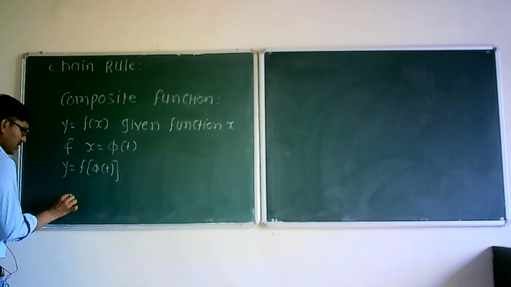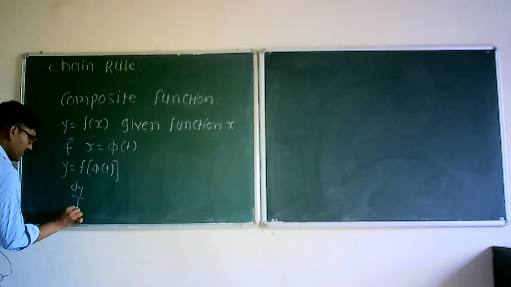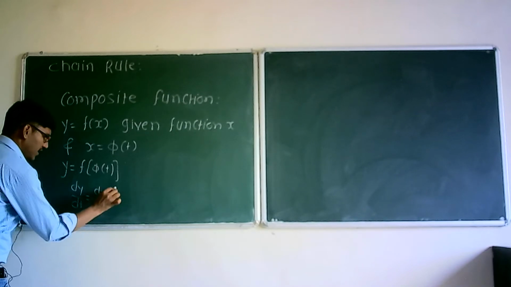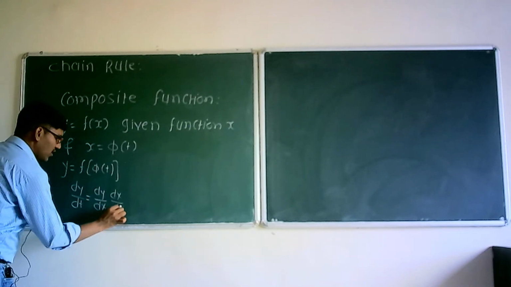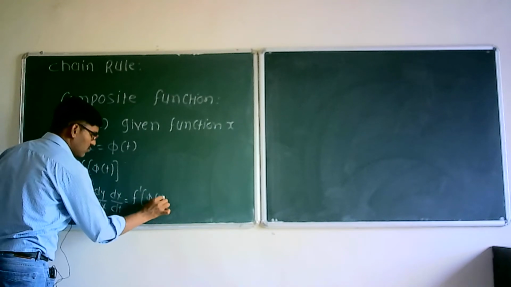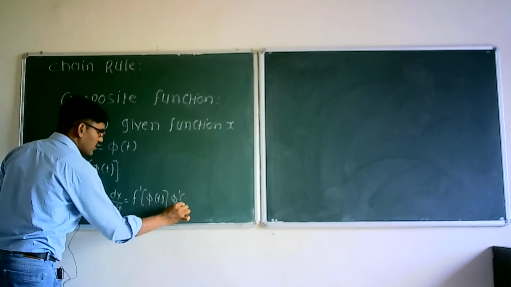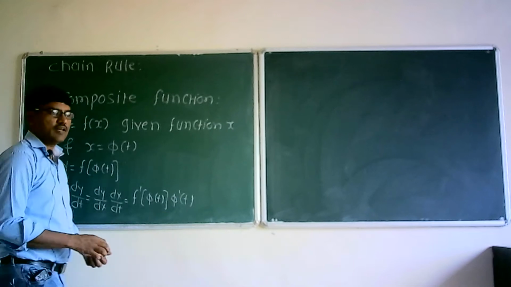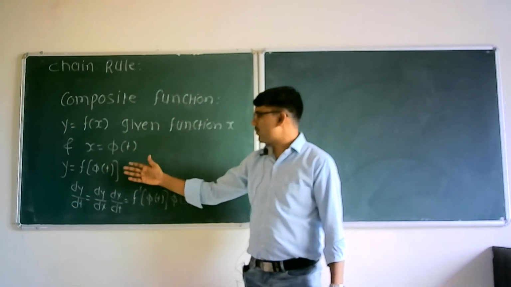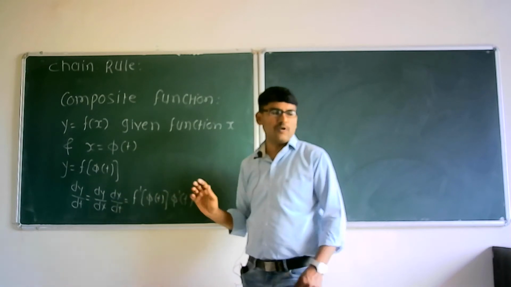Its derivative is dy by dt is equal to dy by dx into dx by dt, or it is equal to f dash of phi of t into phi dash of t. So in a single variable we find the composite function and derivative by using this formula.